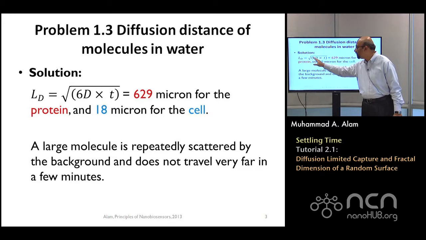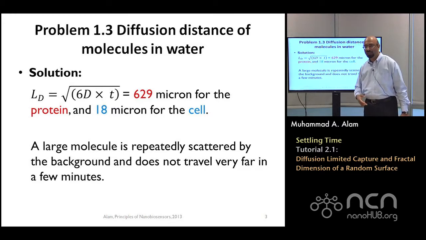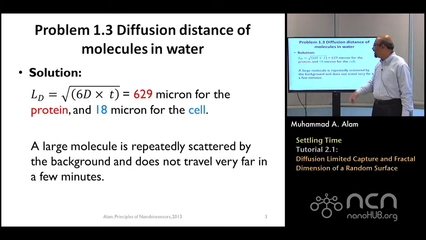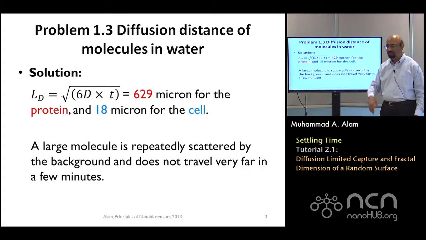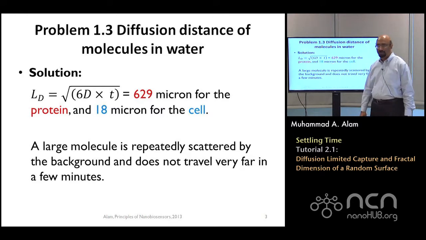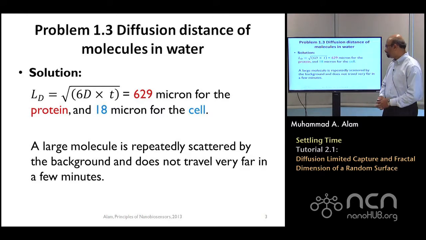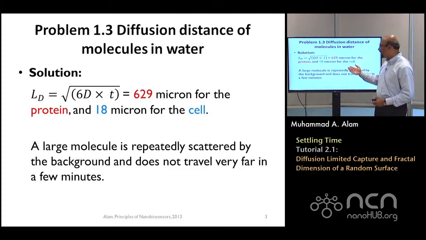Now this 6, of course, is a prefactor, and you get the diffusion coefficient D. The diffusion coefficient is given, and the time is 10 minutes. So you can immediately see that the protein would go about 629 micron, a long distance, I'd say. On the other hand, the cell will almost not move at all. This is a big thing. So it goes only 18 micron within the same 10 minutes. Now that makes sense. A big cell will be repeatedly scattered, and therefore it cannot go very far, and a little one will be more mobile and go much farther.